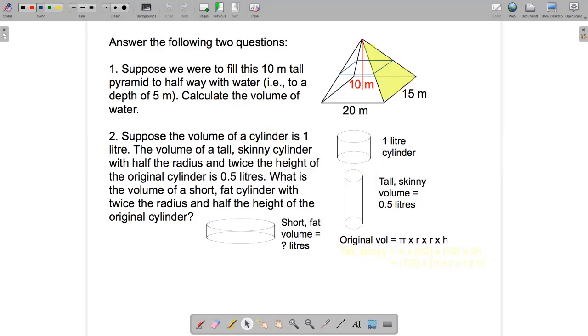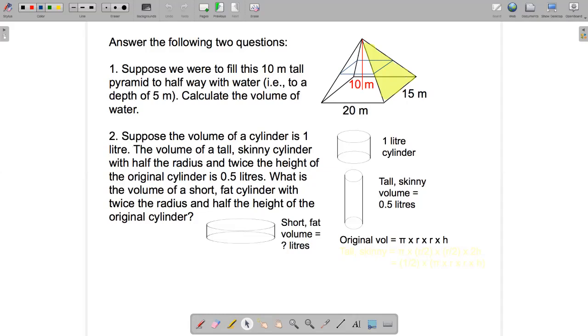I'm not telling you what r and h are, so we're just going to have to use variables because we don't know what the values are. So pi times r times r times h. I can't draw a square symbol using this software, so that's why I've written r times r instead of r squared. Same thing.